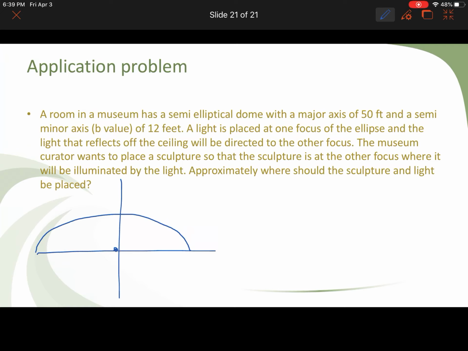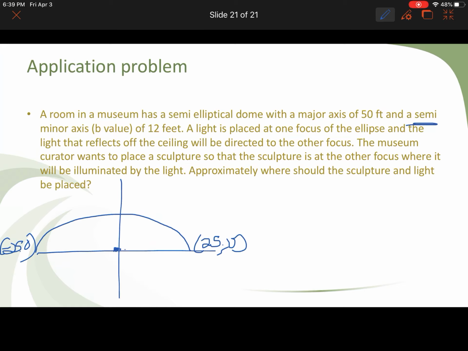So the equation is just x squared over a squared plus y squared over b squared equals 1, right? And what they're telling us is that it's 50 feet long. So if it's 50 feet long and the center is at 0, 0, then this point would be at 25, 0. And this point would be at negative 25, 0.